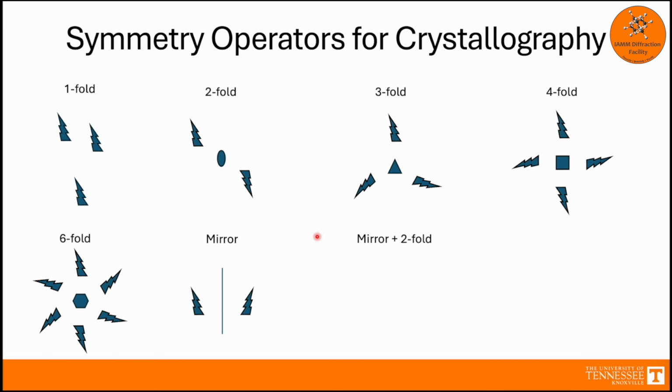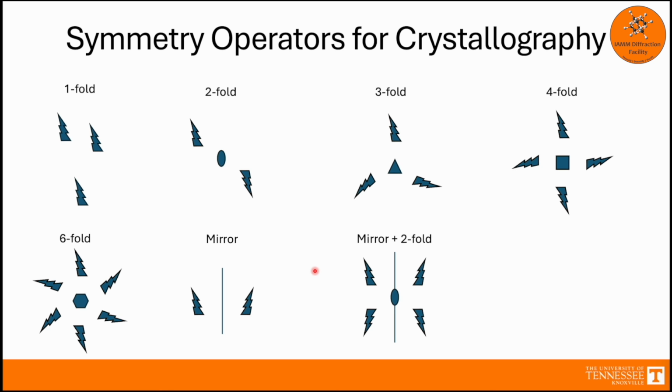Next up we have a mirror plus a 2-fold rotational symmetry. So let's go grab that 2-fold from here, put it down here, and then we'll apply a mirror axis. Well, for that to work, we have to get these two elements, and then we see that if we follow the 2-fold rotational symmetry of 180 degrees, we get self-coincidence.